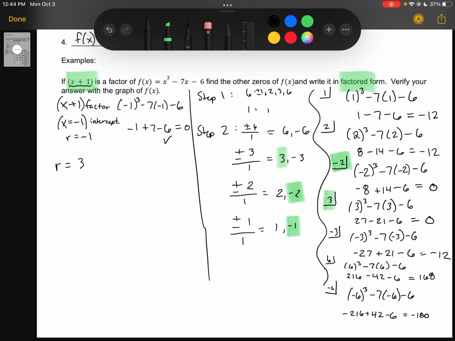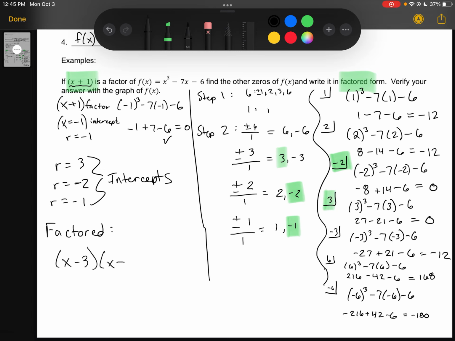So all of these are our intercepts, and the factored form is the opposite of those intercepts: x minus 3, x plus 2, and x plus 1. Putting all of those three things together is what gives us our original function.